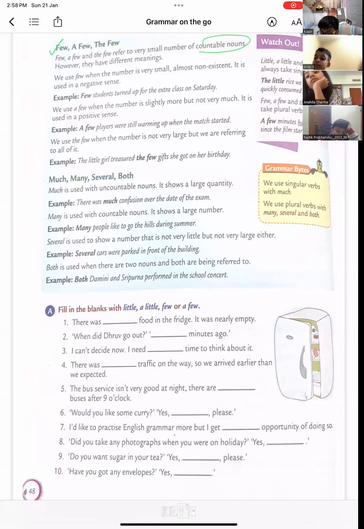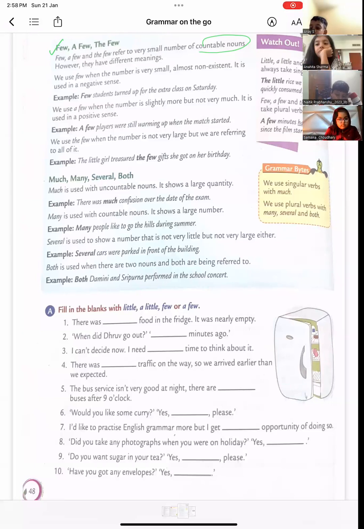Kian, I'm waiting for you. Anay has written before, lost a large amount of hair. Okay. And Anahita, are you trying? Is it difficult to follow? Samaira, is it difficult to follow? So please type now.